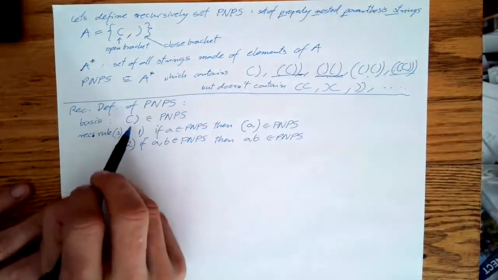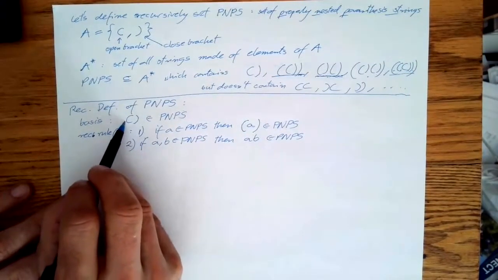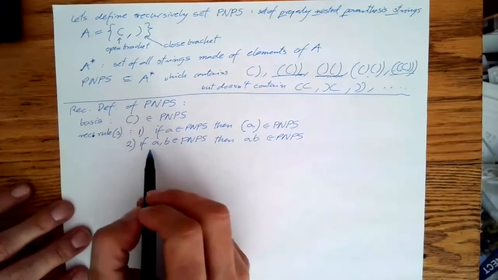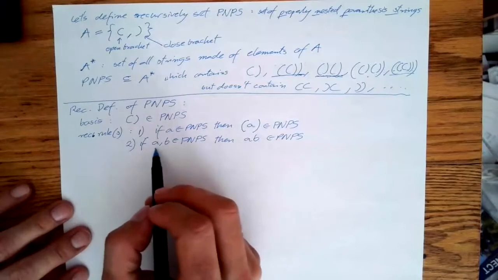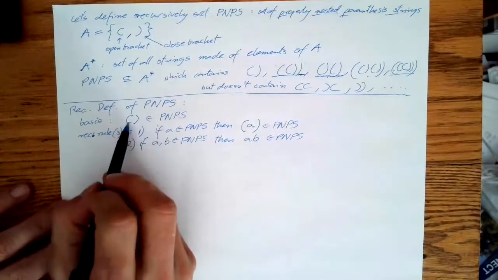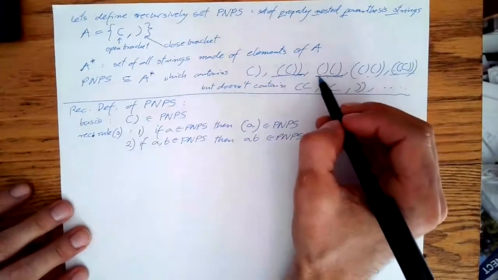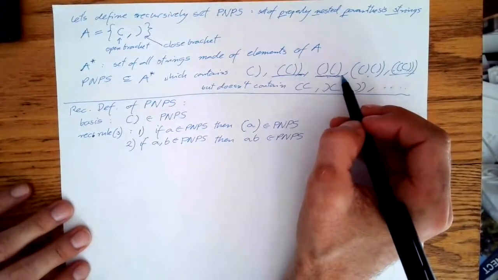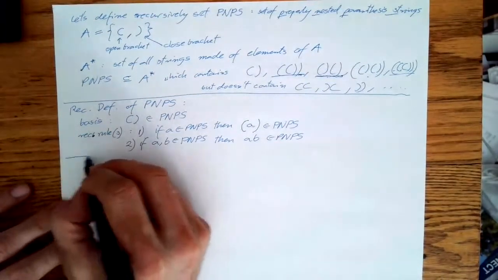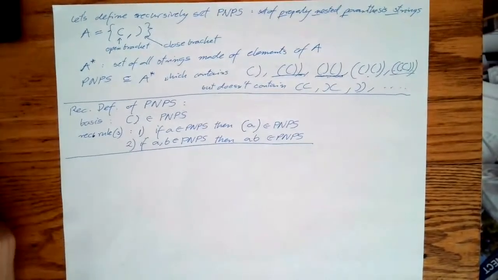If A is bound to this element that sits in the set by the base rule, and B is also bound to this, because nothing says that A and B have to be different. A and B are both elements of P and PS. A is equal to this, and also B is equal to this. Then so is their concatenation. Well, you will exactly generate this string using that, right? That's it. That's my definition.